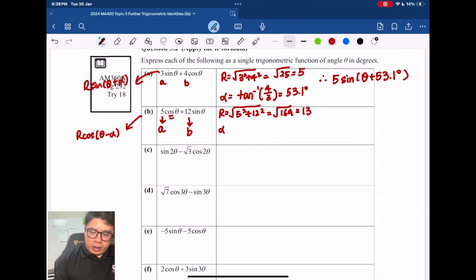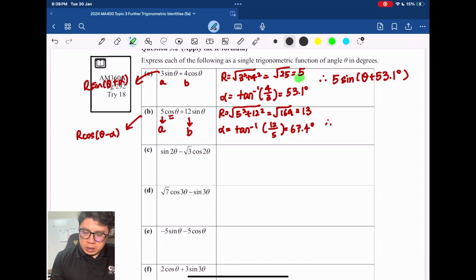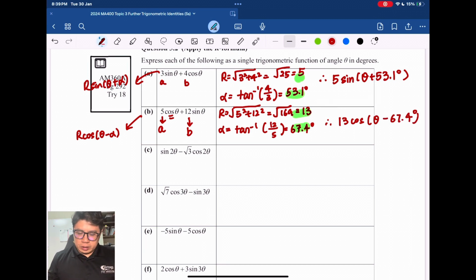And our alpha is equal to tangent inverse B over A, which is 12 over 5. That gives us 67.4 degrees. So following which, taking these two answers, that gives us our answer to be 13 cosine theta minus 67.4 degrees.